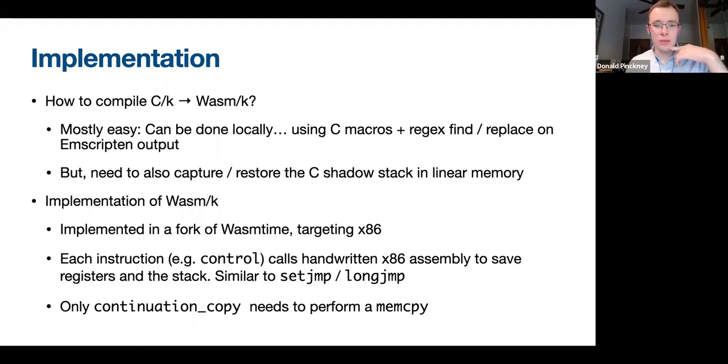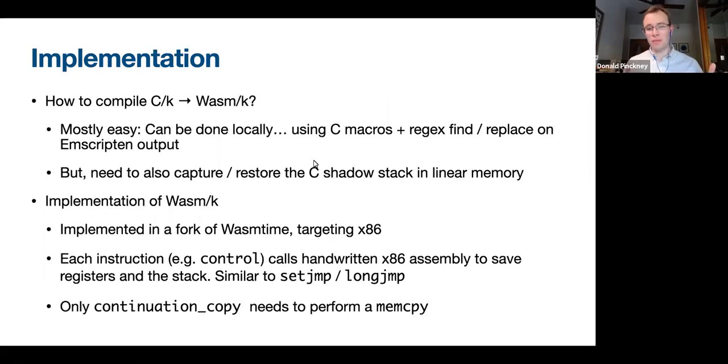Okay, for the last part, there are some implementation questions. Ross asked this earlier: how do you compile CK to Wasm? For the most part, it's easy in the sense that it's super local. I didn't actually hack on the Emscripten compiler itself.